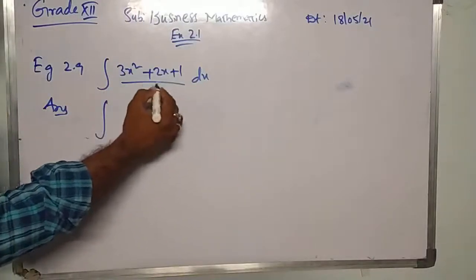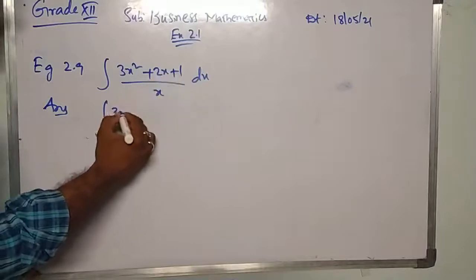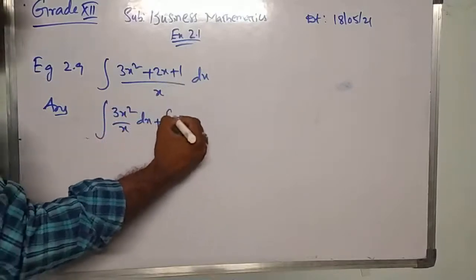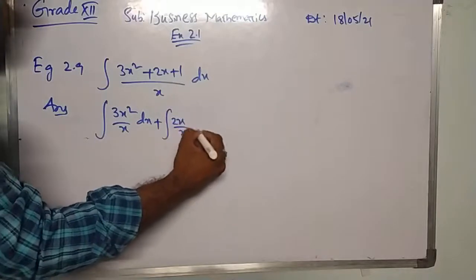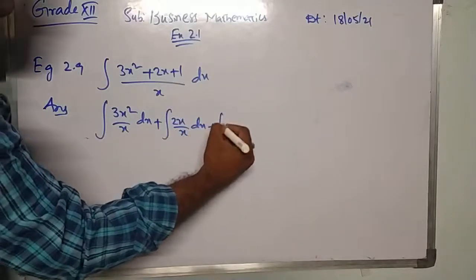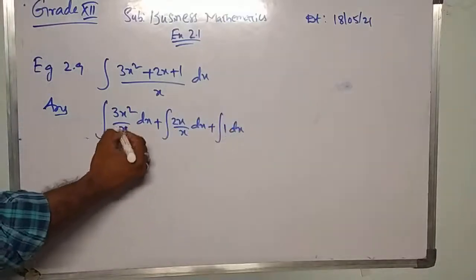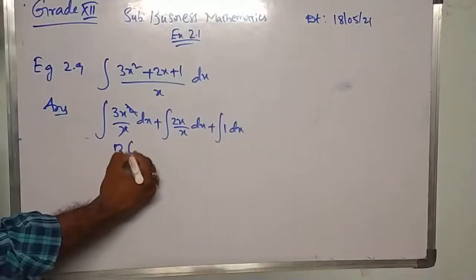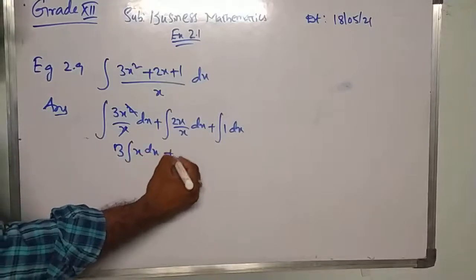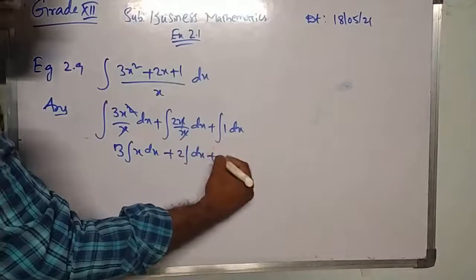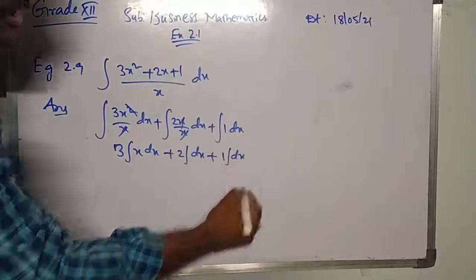Since the denominator is a single term, we can divide every term. So it will become 3x square by x dx plus 2x by x dx plus 1 dx. So x and x get cancelled. So 3 integral x dx, 2 we can take outside, integral dx, and 1 we can take outside, integral dx.